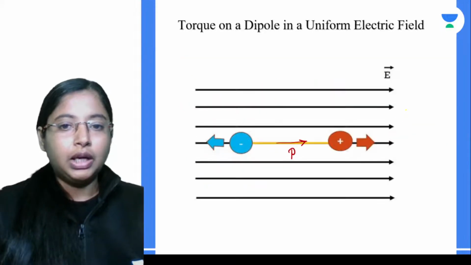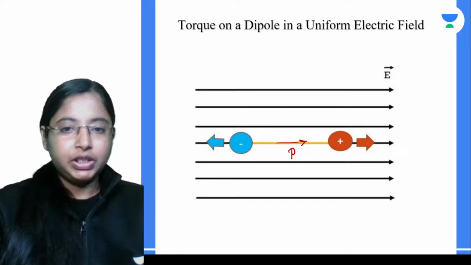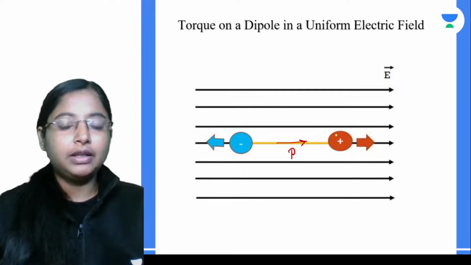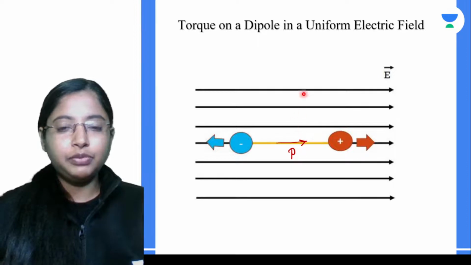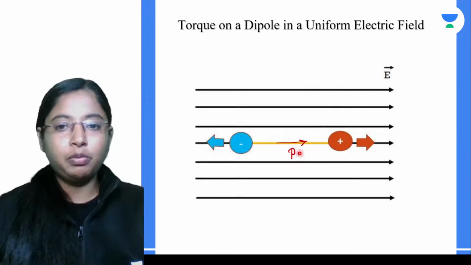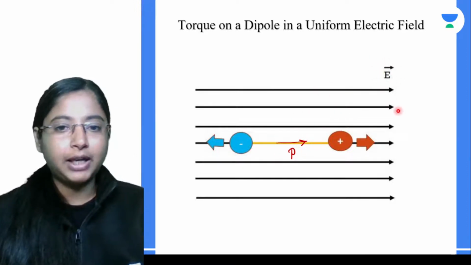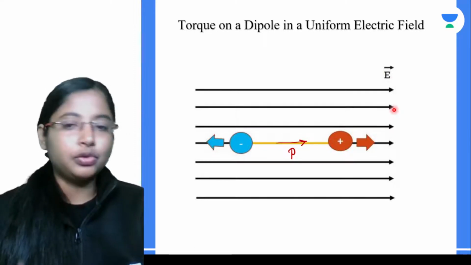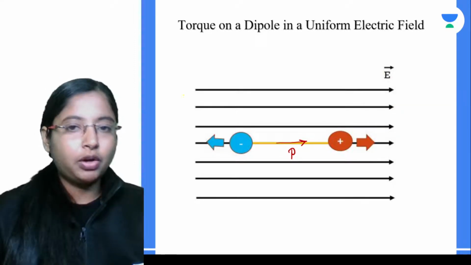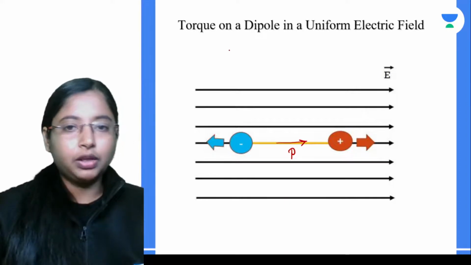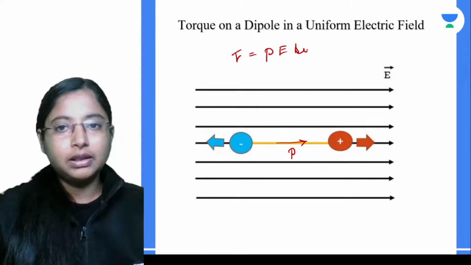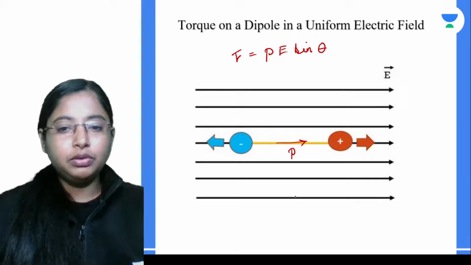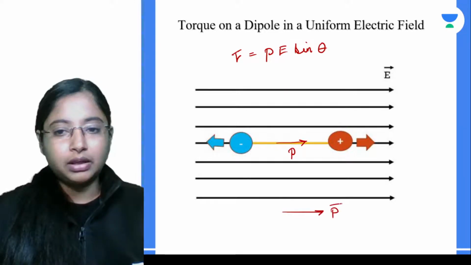When the dipole moment finally comes parallel to the electric field, there is no more torque produced. Why? Very simple. The torque tau is given by P E sine theta. Look at the direction of the P vector and the direction of the E vector.